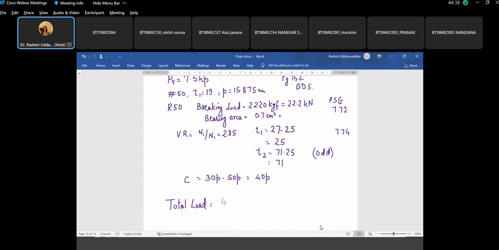So the total load is given on page number 7.78 of the PSG design data book. PT is given instead of FT: the tangential load because of the rotation of the chain, plus the centrifugal tension, FC or PC.